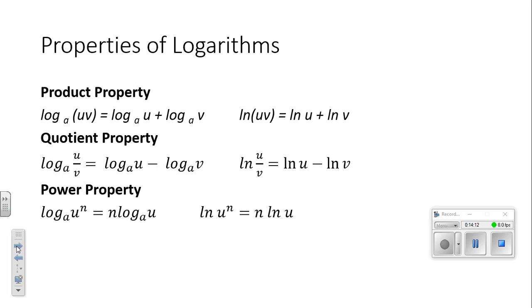When we multiply like bases, what do we do to the powers? Two to the 5th times 2 to the 3rd is 2 to the 8th. What did you do? Added the powers, right?